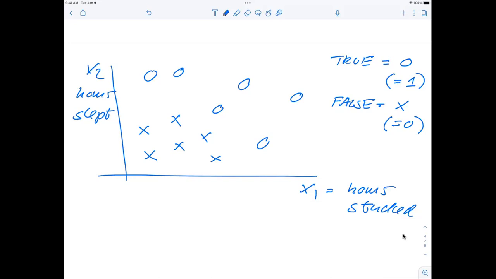Could you use linear regression as we have been teaching it till now? Any feeling for that? Suppose you only know about linear regression. How could you use linear regression to make a separation between true and false?